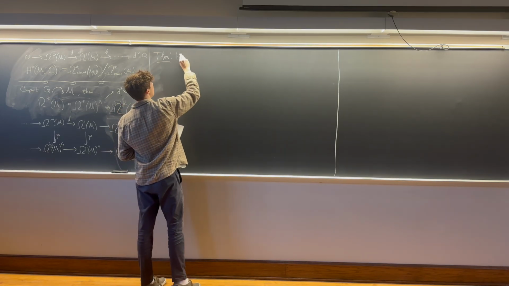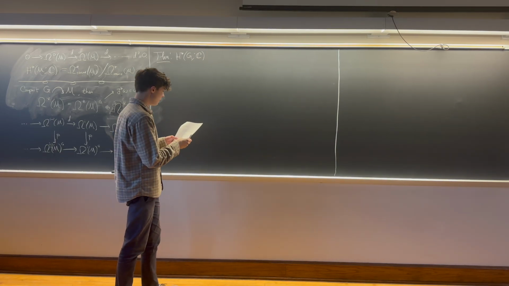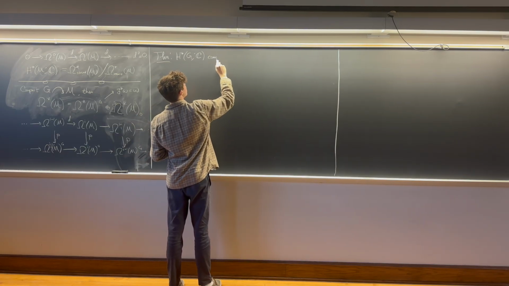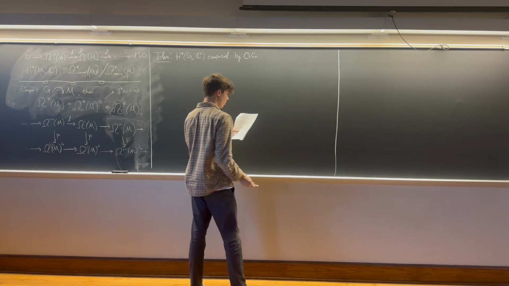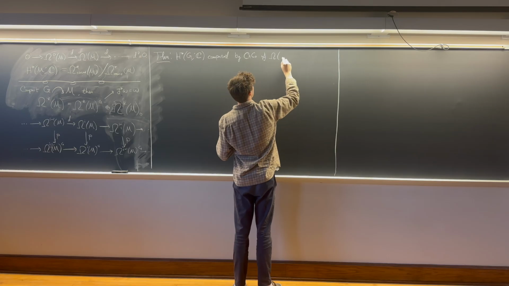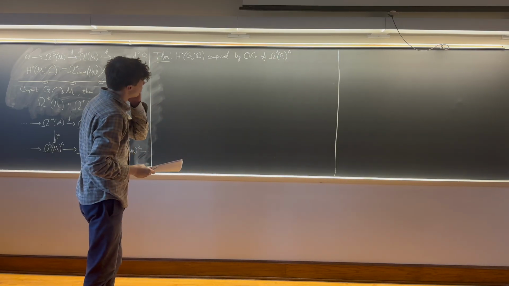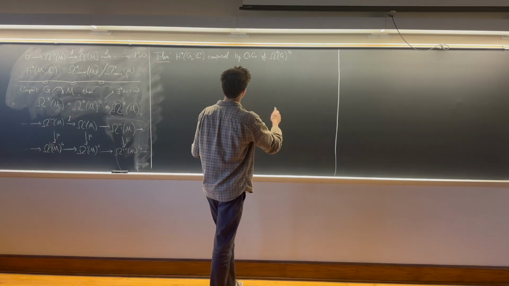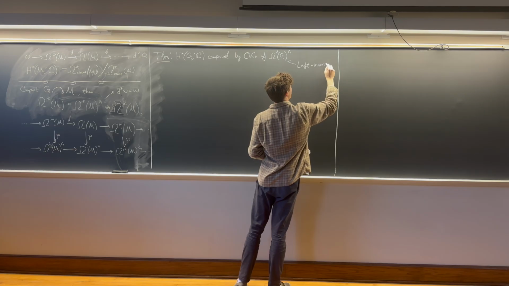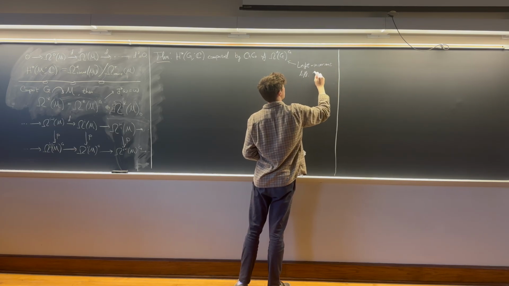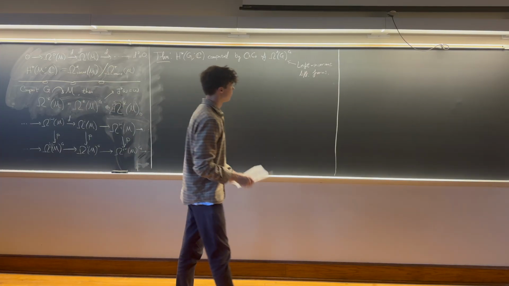Essentially, the cohomology of a Lie group G with coefficients in C is computed, I'll write it out, as the cohomology of the chain complex of, specifically, G. So we're replacing M with G here, and these are the left-invariant differential forms on G.